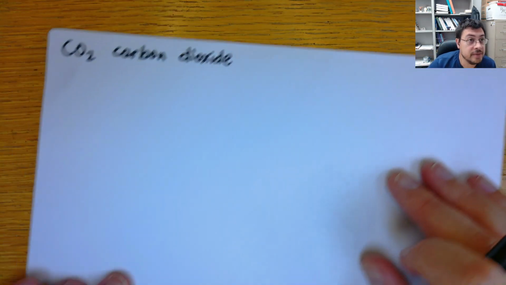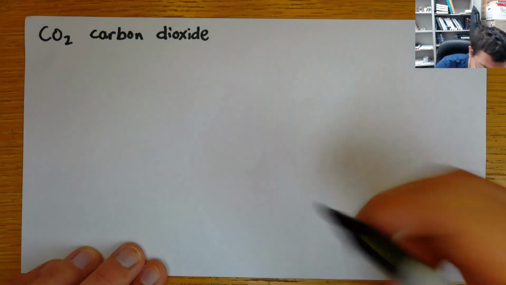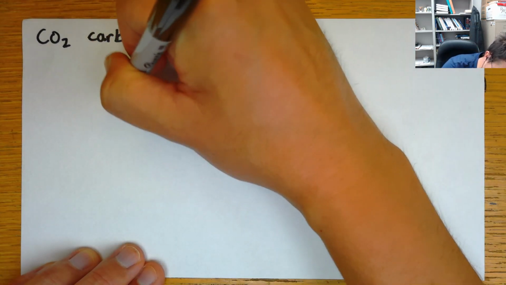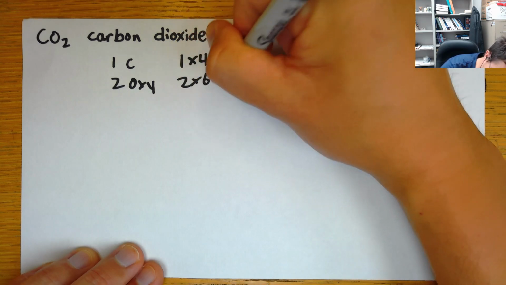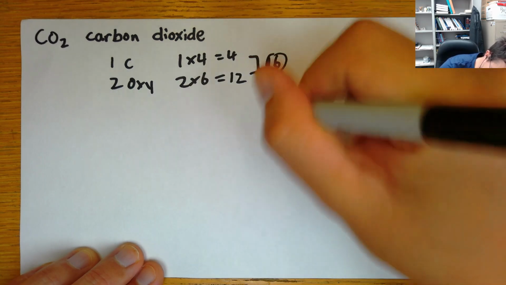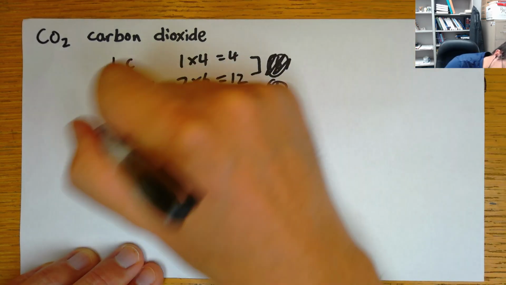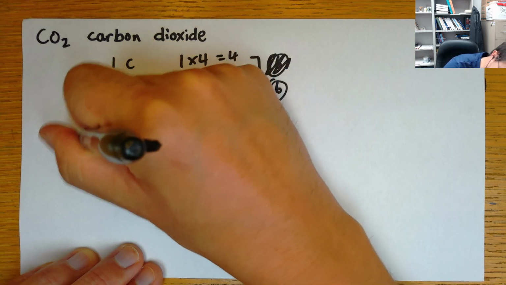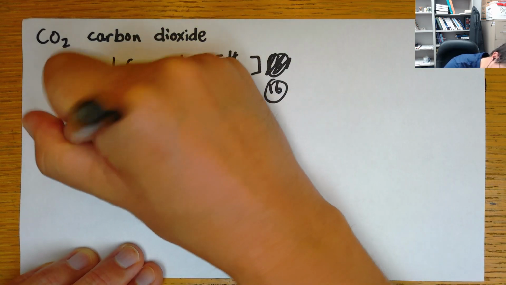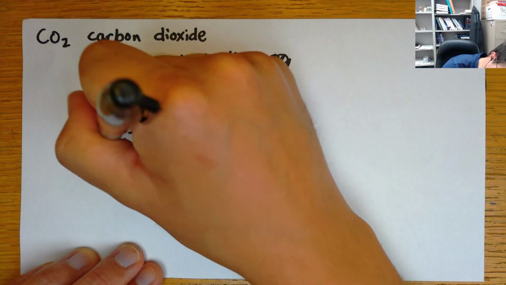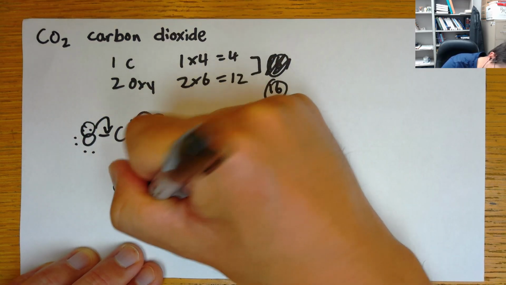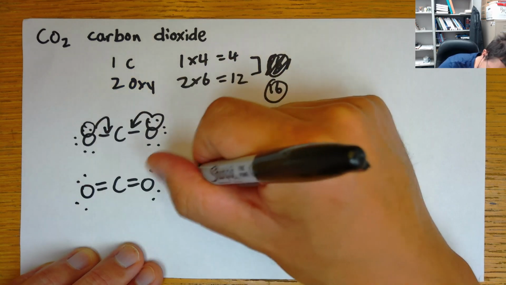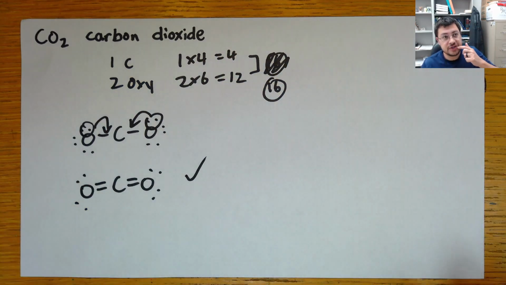Done. Lastly, carbon dioxide. 16. Done. All right, we've done all 6 molecules.